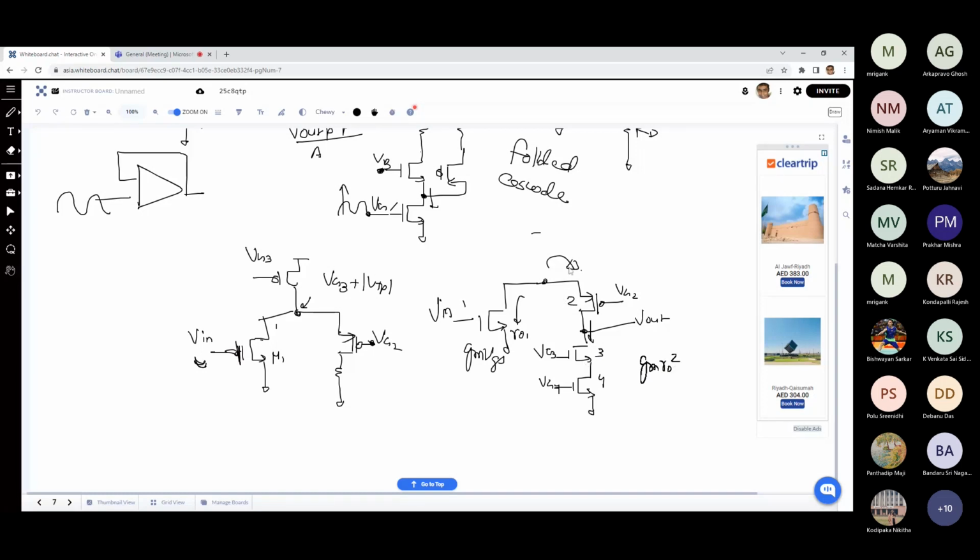And therefore, the impedance looking into the source will be divided by the GMRO of this thing. So therefore, this is again same RO, same concept. Whatever we had applied there, same concept. Only thing is the signal has been folded and we are using a PMOS over here. So the gain, same small signal gain comes over here, same gain comes over here. So the small signal operation remains same, small signal gain also remains same.